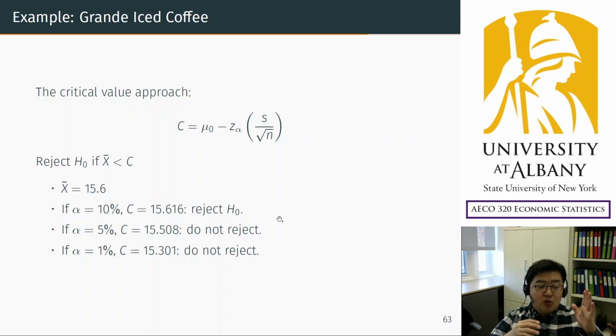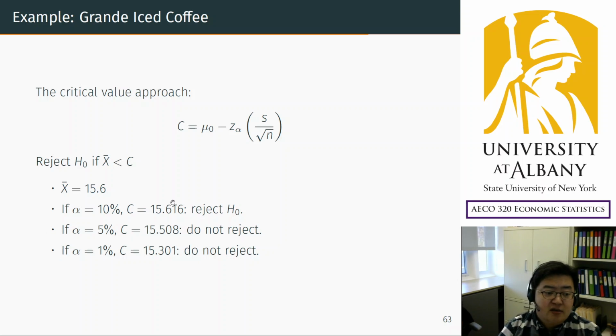So 16 ounces is what you have to be, but you allow a certain margin of error. And the margin of error will be wider as your significance level decreases. And what you observe, 15.6, is below this threshold, so you reject the null. However, this observation is above those thresholds, so you don't reject the null hypothesis at 5 and 1%.